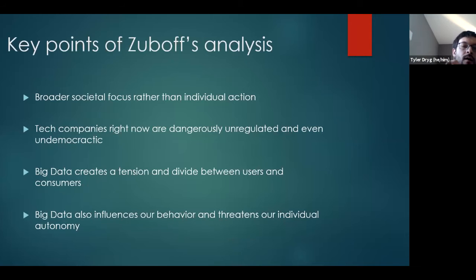All right. So again, like I've been hitting on, Zuboff has a broader societal focus rather than talking about what we can do as individuals. It's kind of a running theme throughout a lot of digital minimalism writing, that tech companies don't have your best interests in mind when they're designing a service or offering things to you.